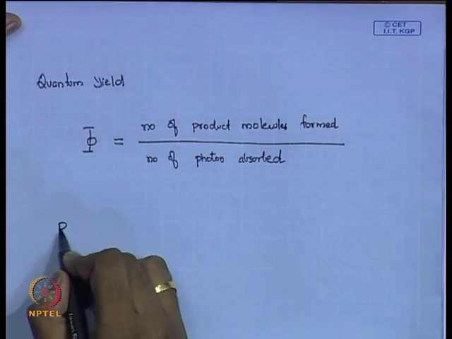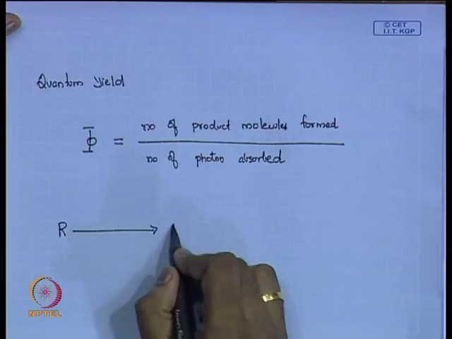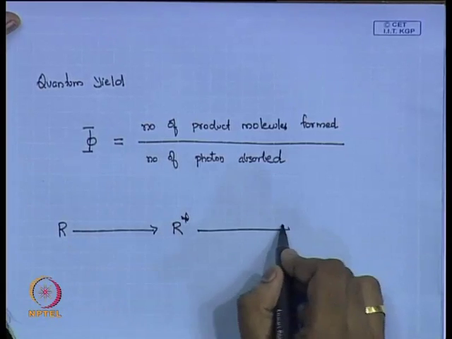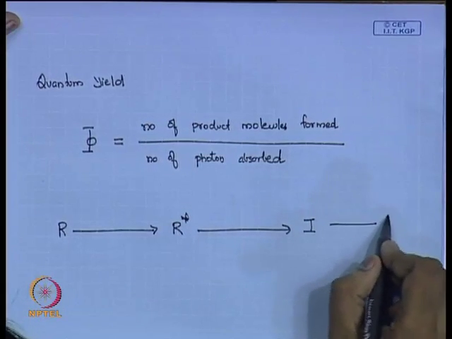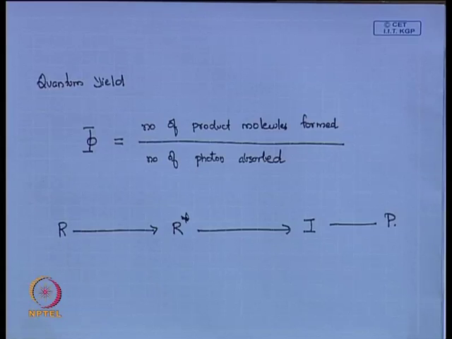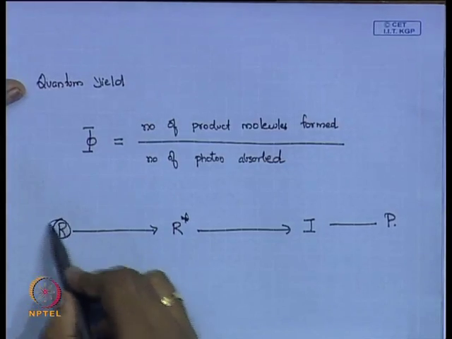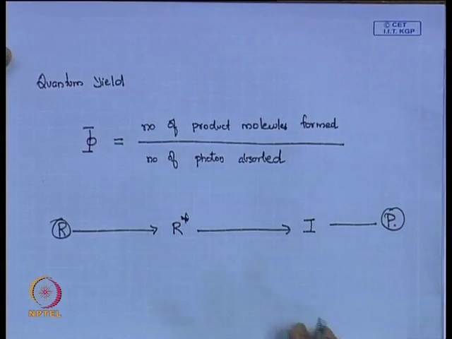So, the question is why this is so important, why we can't just talk with respect to chemical yield and leave the chemistry, why you want to talk with respect to quantum yield. See, I have now my R giving me R star and my I and my P. As I said, if my R gets completely converted, it is fine, it is a 100% chemical yield.